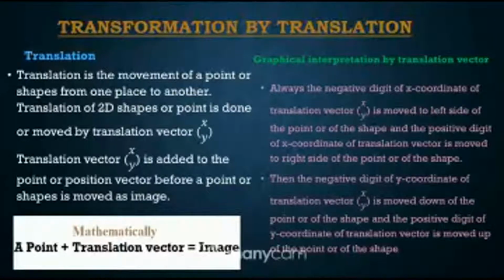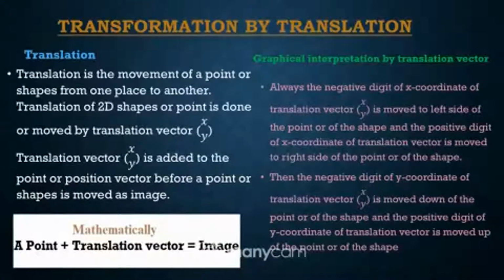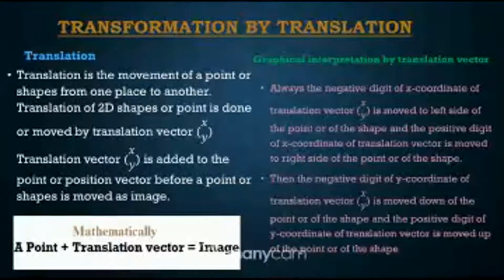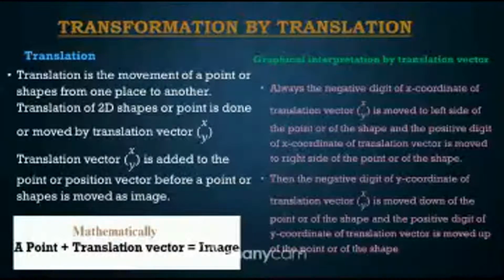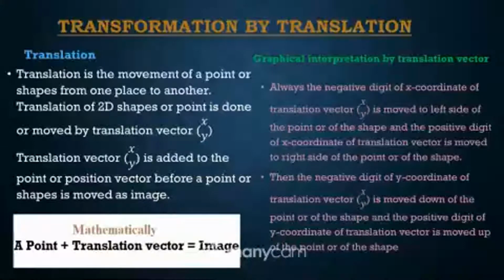A negative x coordinate of the translation vector moves the point or the shape to the left side, and a positive x coordinate moves it to the right side.